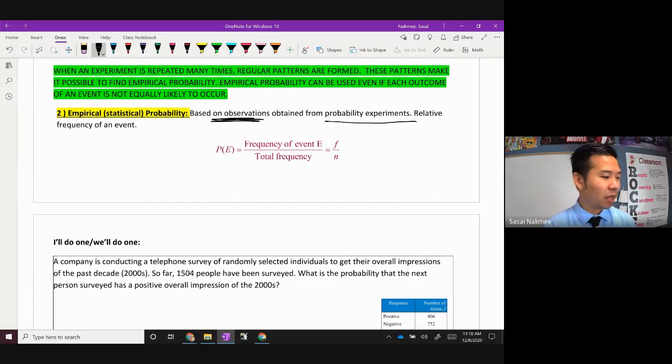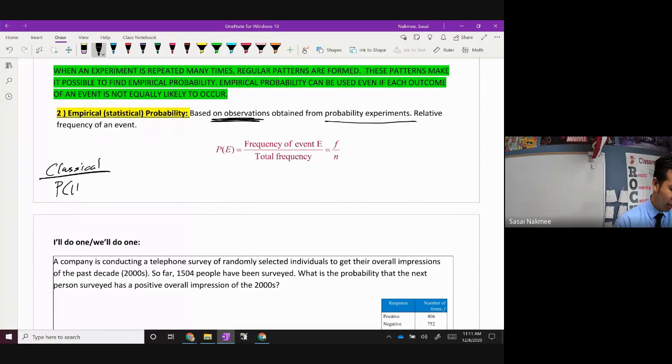If you're doing it empirically, you need to set how many times you're going to flip the coin and then record how many times it lands heads based off of that. So for classical probability, the probability of you flipping a coin and getting heads would simply be 1 out of 2, because there's only one head on that coin out of 2 sides.